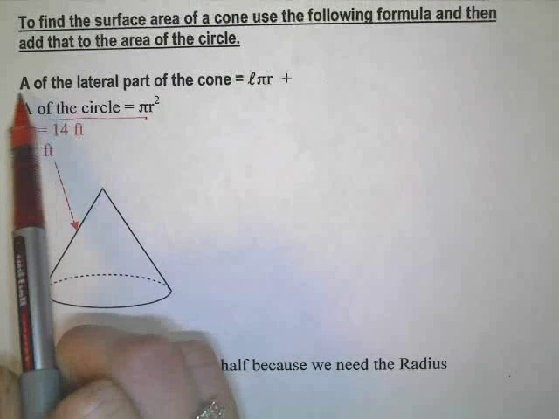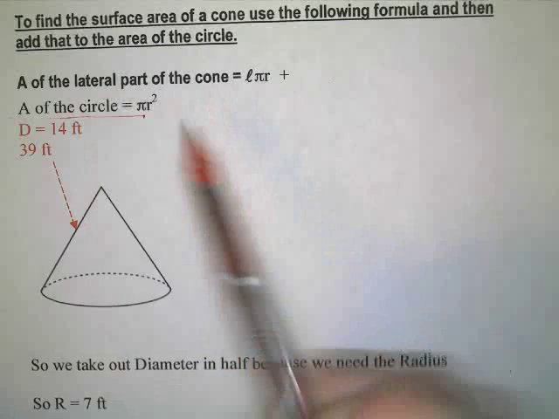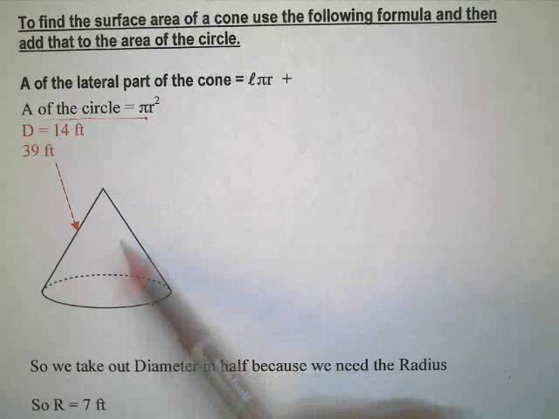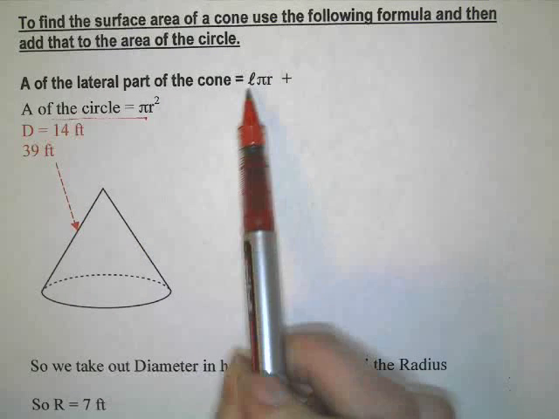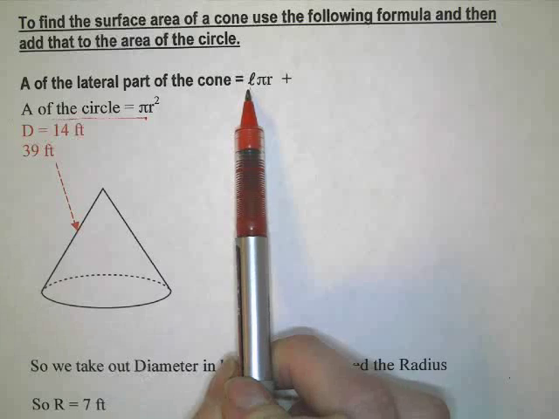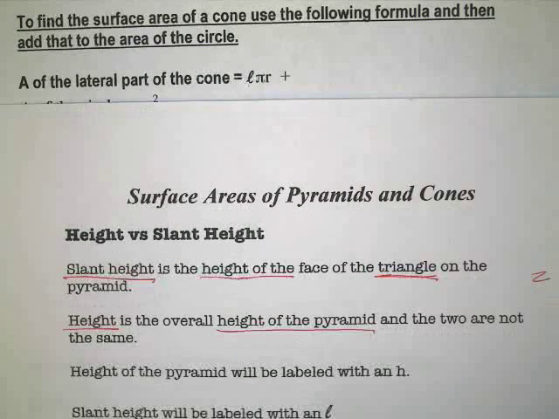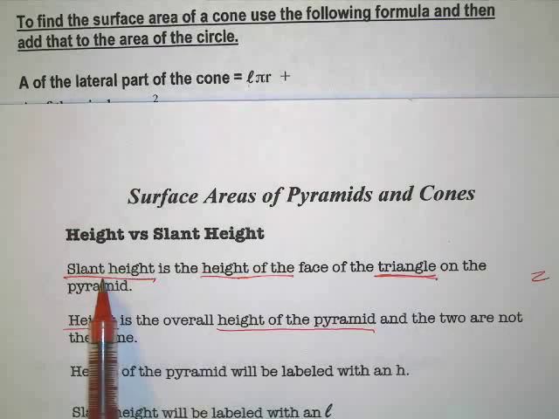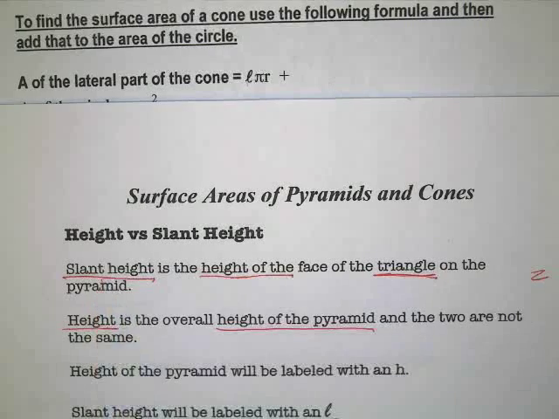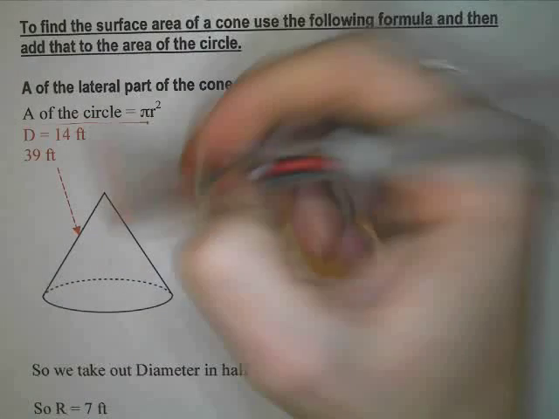All right. So area of this part of the cone, the triangle part, is L. And what does L stand for, Evan? What kind of height? Slant height, which means this part right here.